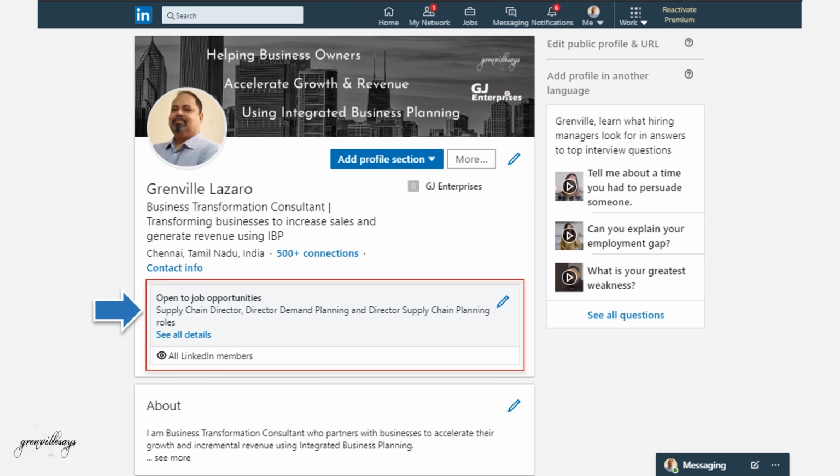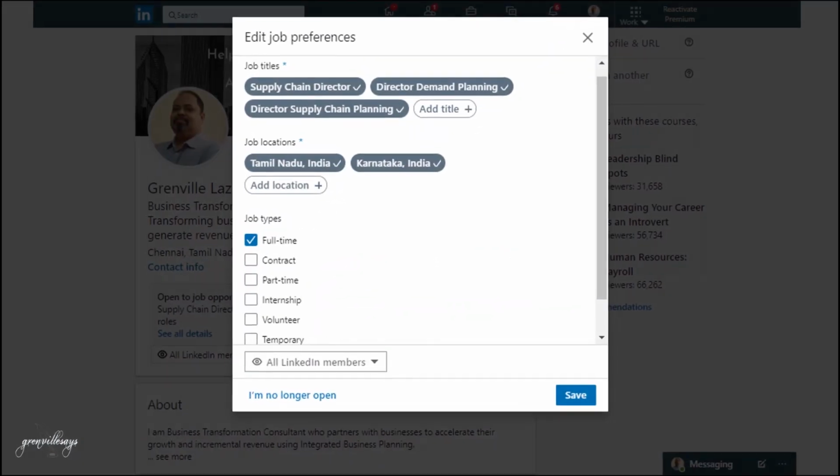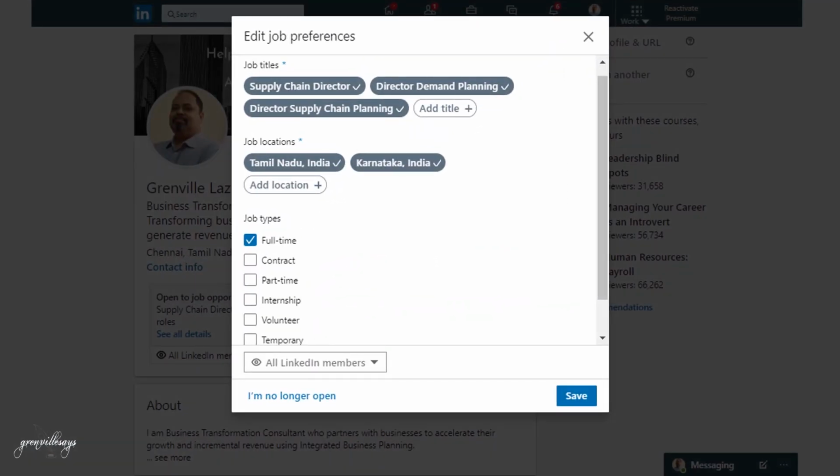The next section of your profile is how you let prospective recruiters and companies know you're open to opportunities. When you go into this section, you would be asked to enter the job titles you are interested in, the job locations you would prefer, and what types of jobs you're looking for.